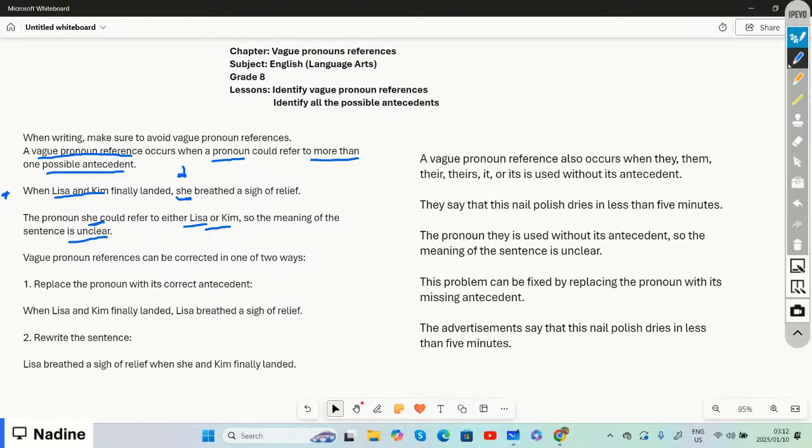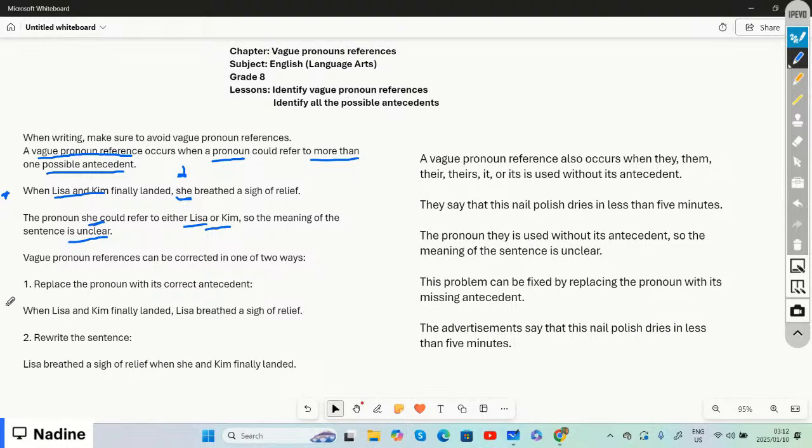And we can basically correct vague pronoun references in two ways. The first way is by replacing that pronoun, which is she, with its correct antecedent.